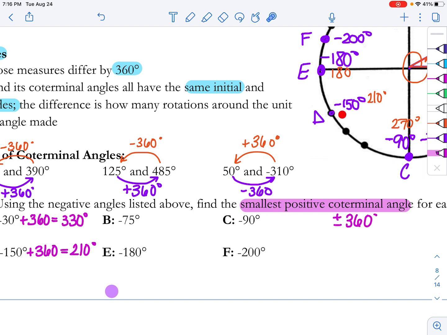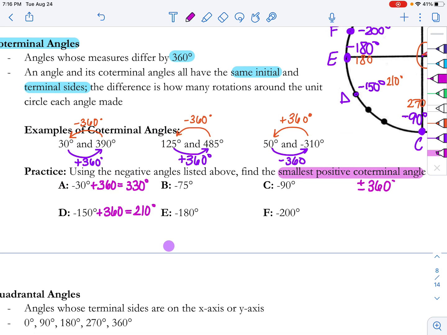But now if we throw negative angles in there, we can give it a different name. Again, coterminal angles. Okay, if we added 360 to negative 180, that would give us positive 180. And we could keep doing this with all of them. Negative 90 plus 360 is positive 270.